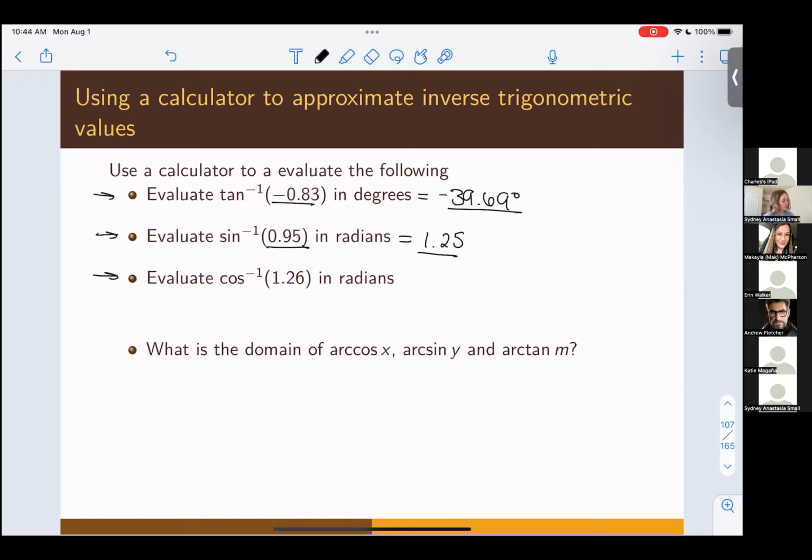Because this is a tangent, this is the input for an inverse tangent, we have to remember and keep track of the fact that this is a slope. And because this is going into the sine inverse function, this is a y coordinate on the unit circle. Okay, so then this would be an x coordinate on the unit circle.